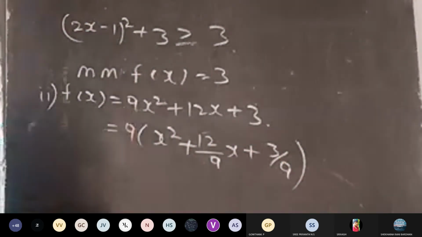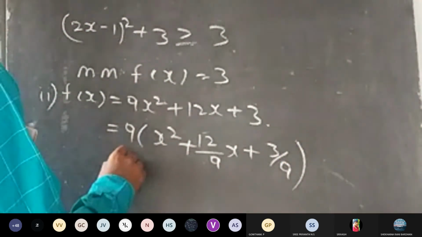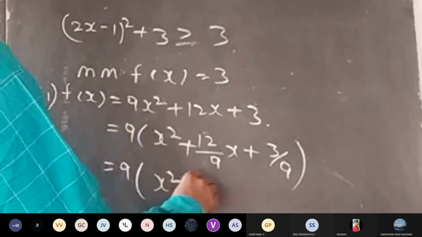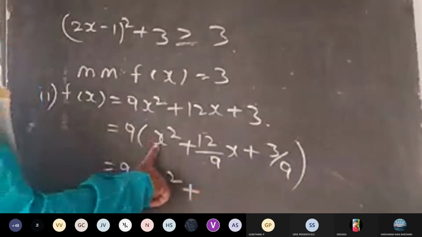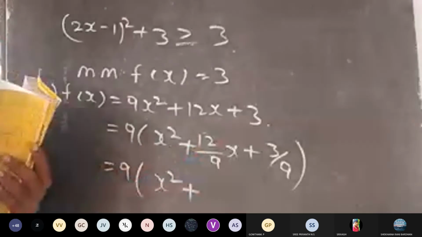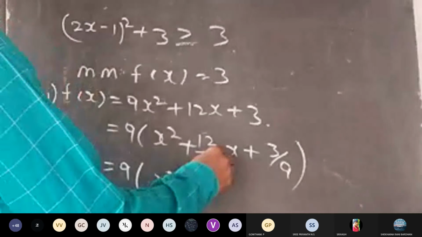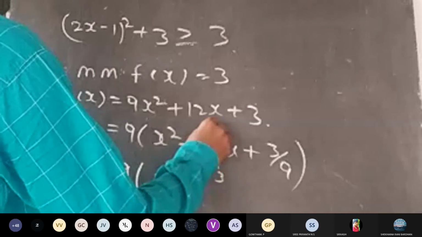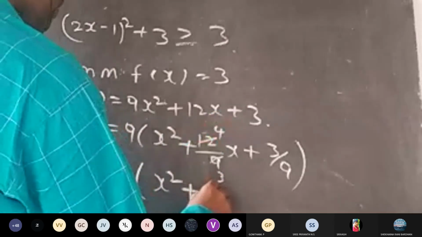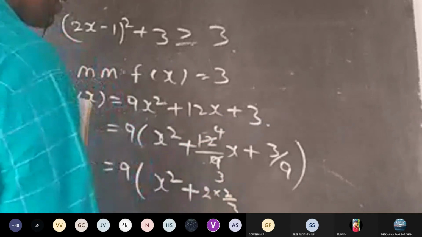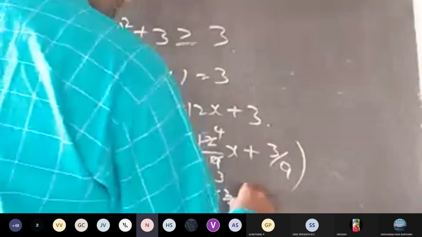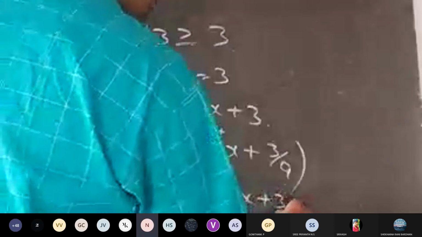So 9 I am taking common outside. So here x square, in this a square plus b square plus 2ab format you can write. 3 3s are 9, 3 4s are 12, means 2 into 2 by 3 I will write.